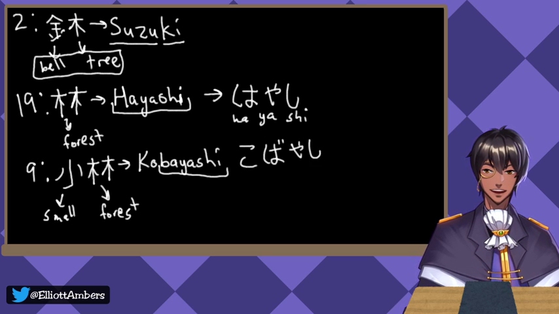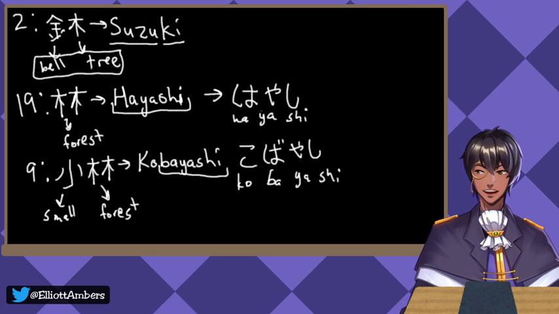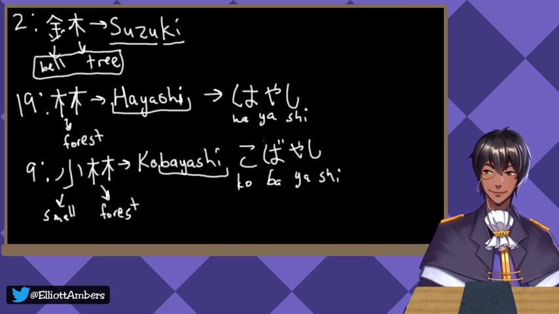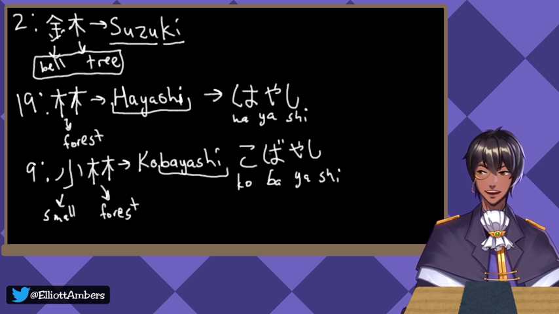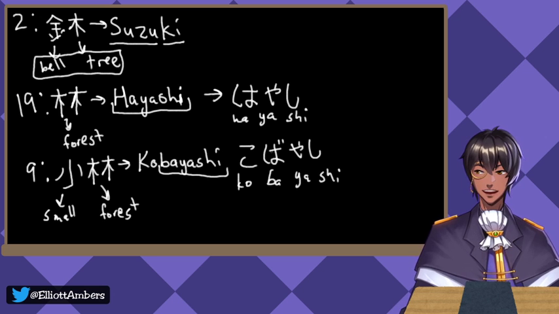So we get Hayashi, Obayashi. That's usually how I think about those muddled sounds, ha turning into ba or ta turning into da. It's like if you had a stuffy nose.